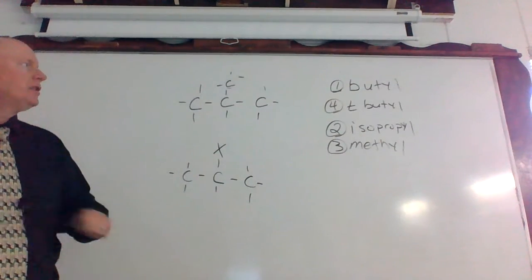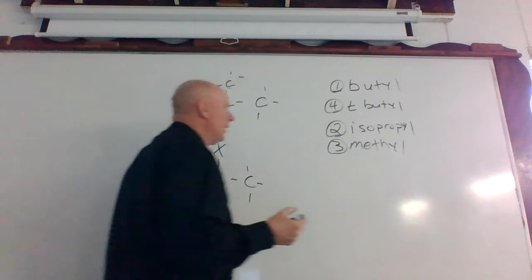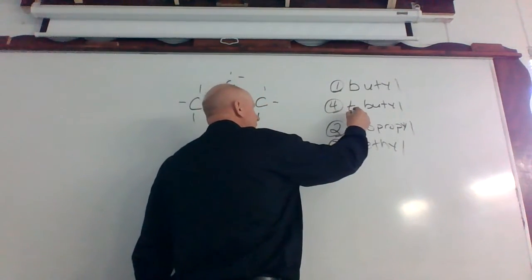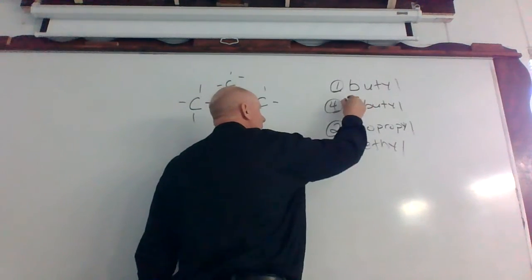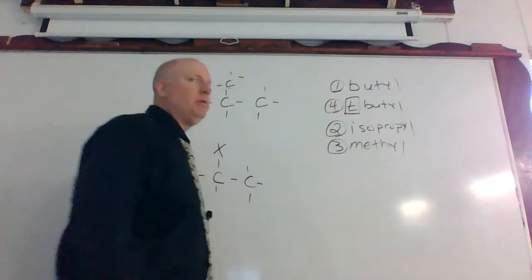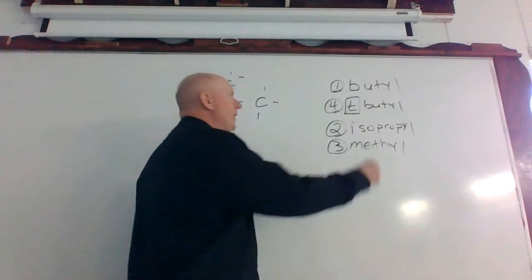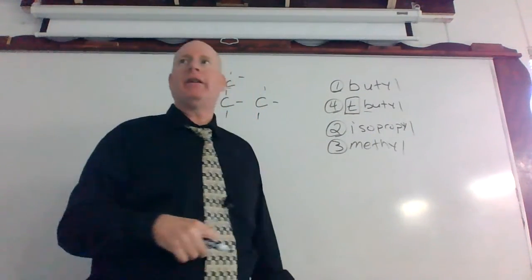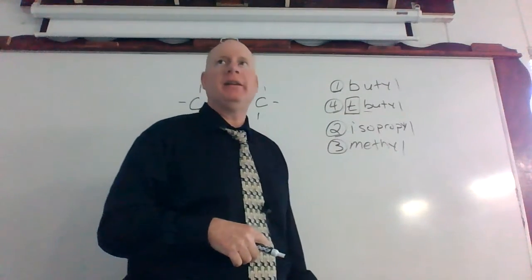Because we said there's exceptions to the rule. What that means then is this is just a prefix. You don't go by the T in T-butyl. You got to go by the B. So that was already in alphabetical order, but it was just a trap.